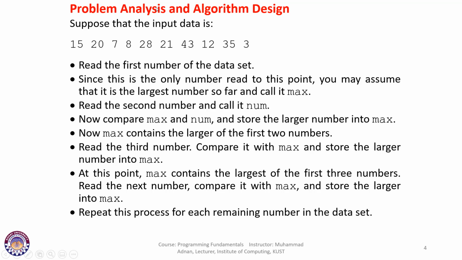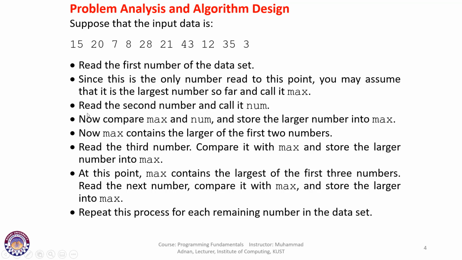So suppose that the input data is 15, 27, 8, 28, 21, 43, 12, 35, 3. So we read the first number of the data set. Since this is the only number read to this point, you may assume that it is the largest number so far and call it max.